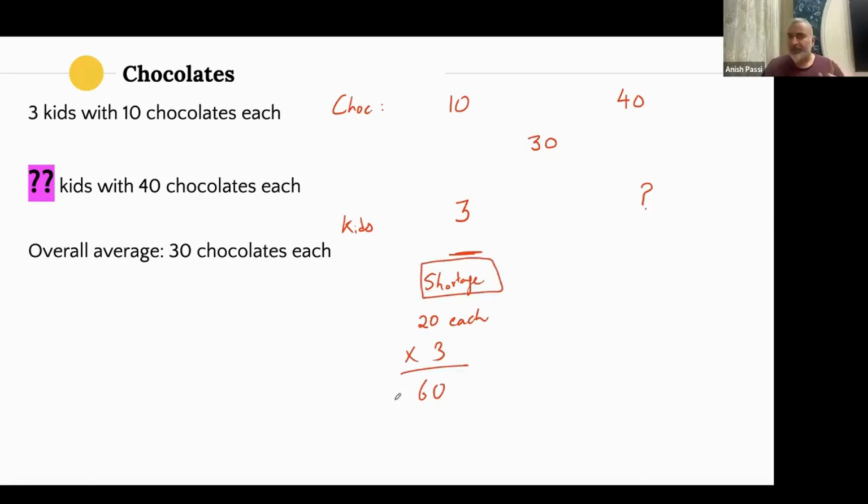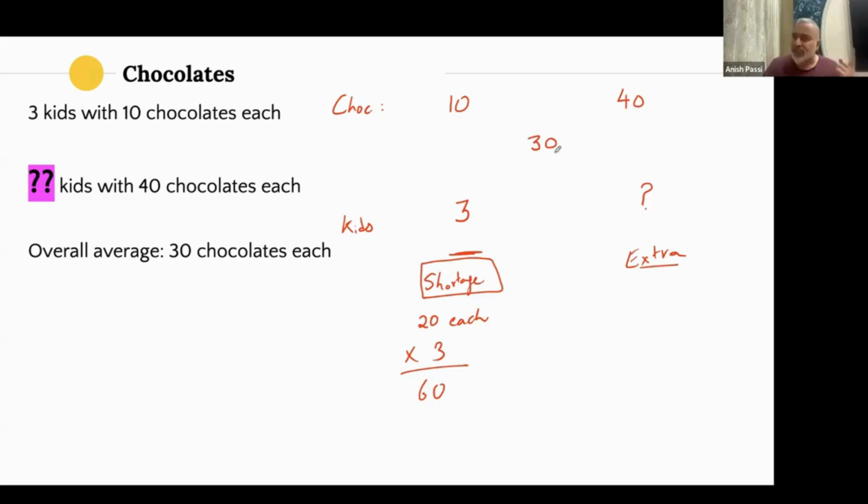Tell me, anyone unclear about this? I'm not done yet. I just figured out the shortage. Now, whatever is the shortage on this side, that's the extra on the other side. That's how overall it'll get balanced. So the extra on this side has to result in 60.